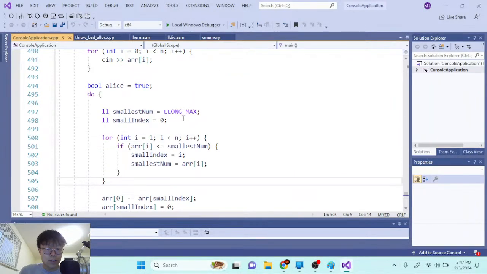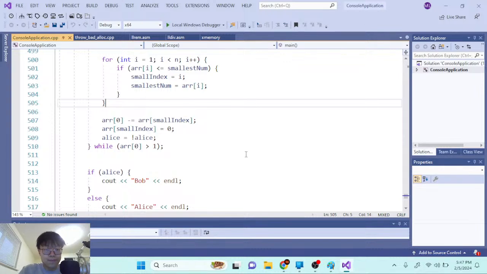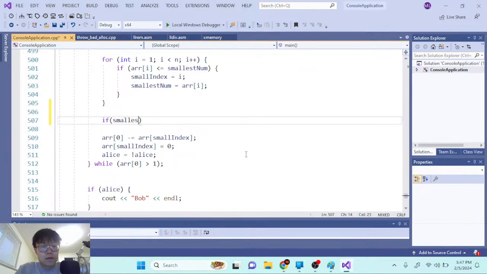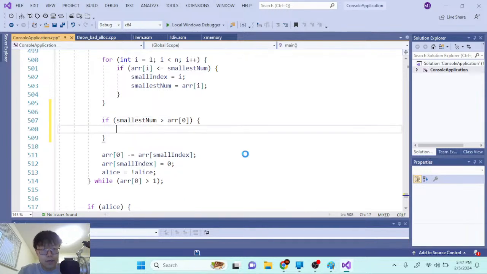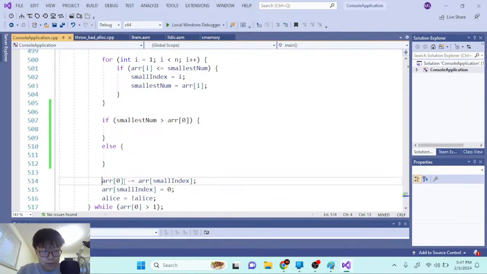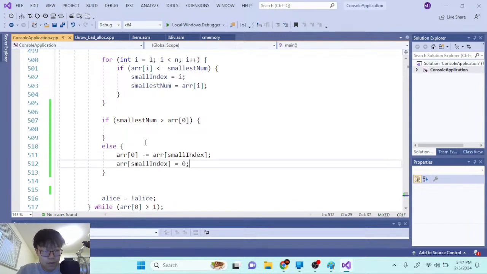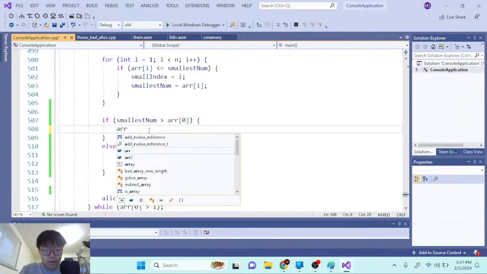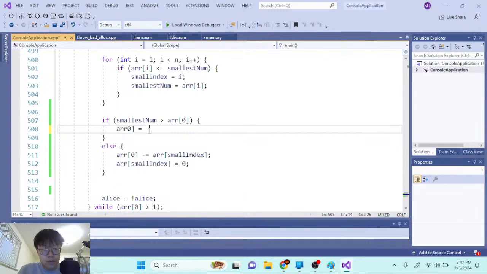All right, so here's what we're gonna do. This number is larger than r of 0, right? Else we do this. We're gonna set r of 0 to equal our smallest number minus r of 0.